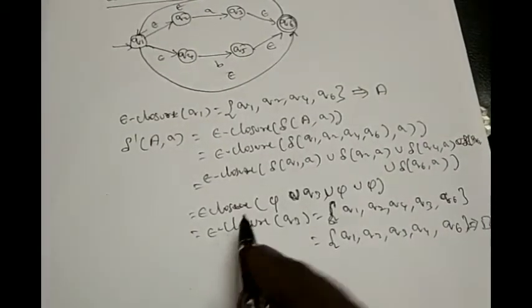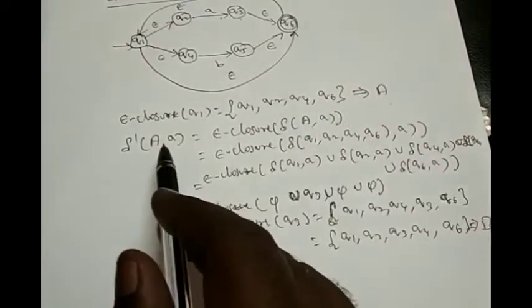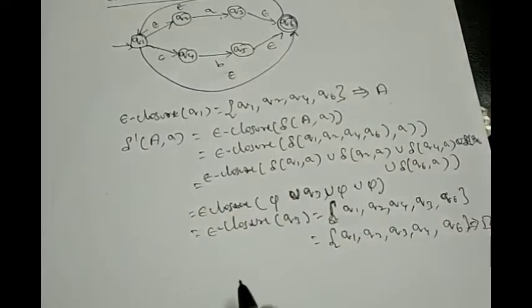Now for the new state, you have applied input A, but what is the next input?